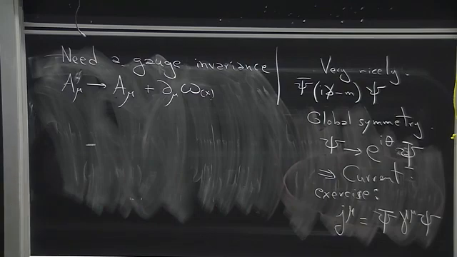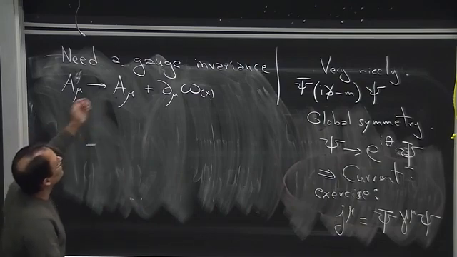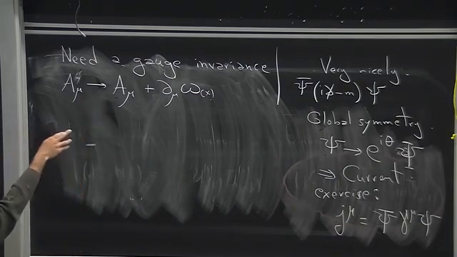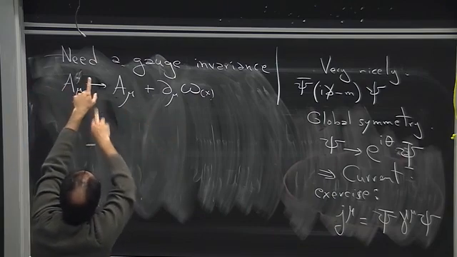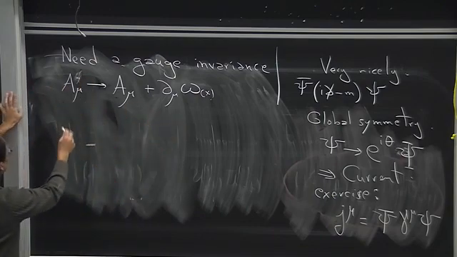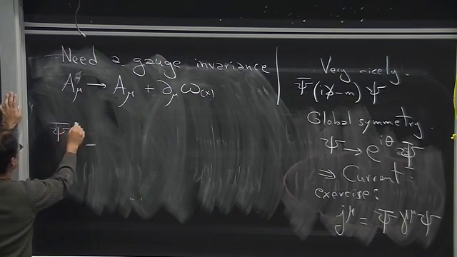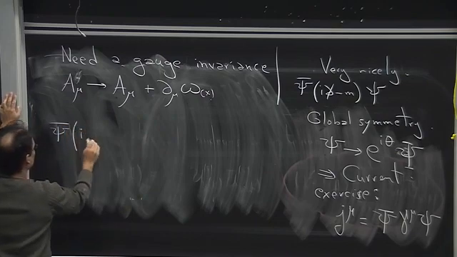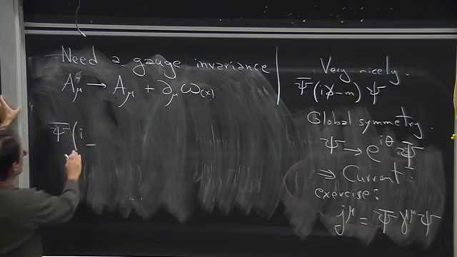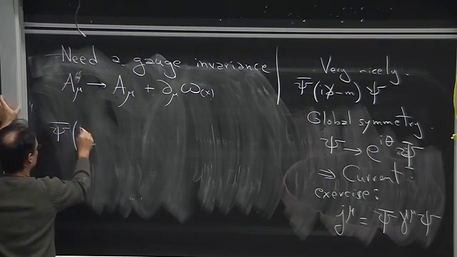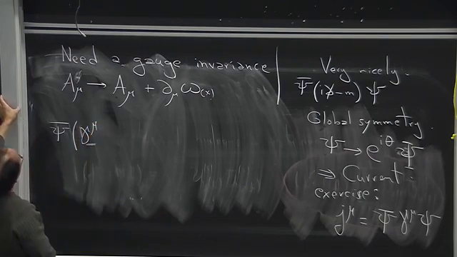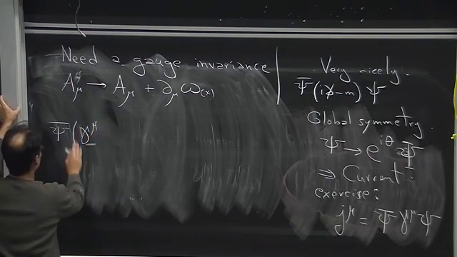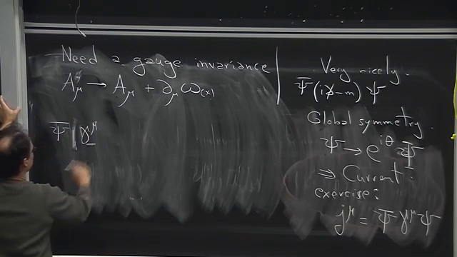Okay? Okay, so let's do it. Well, let's put that piece together with the piece we already had. So what do we get? We get something that looks like psi bar. We can actually put the gamma here. In fact, I'm going to put it here.